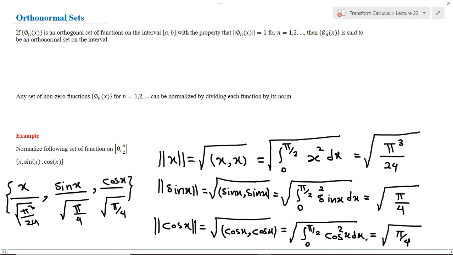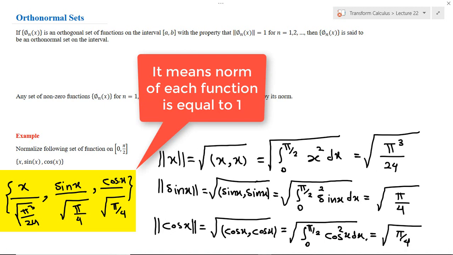So now this set of functions is a normalized set of functions. It's not orthogonal, but it's a normalized set of functions.